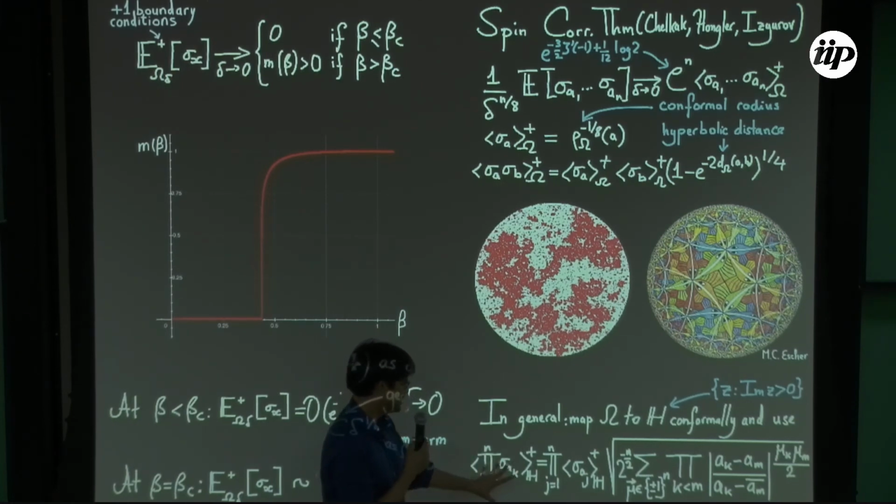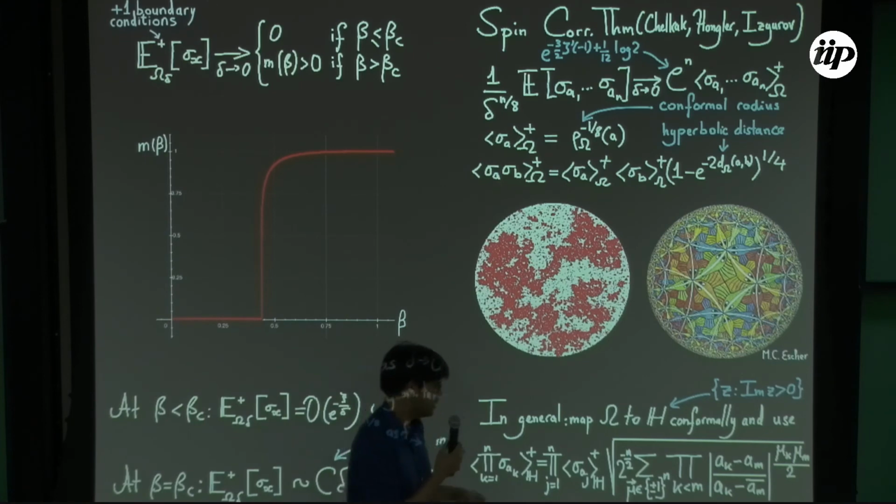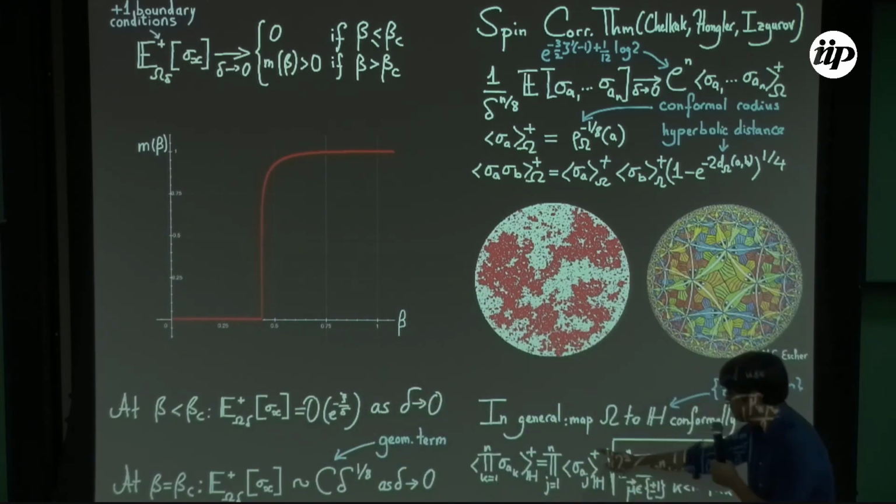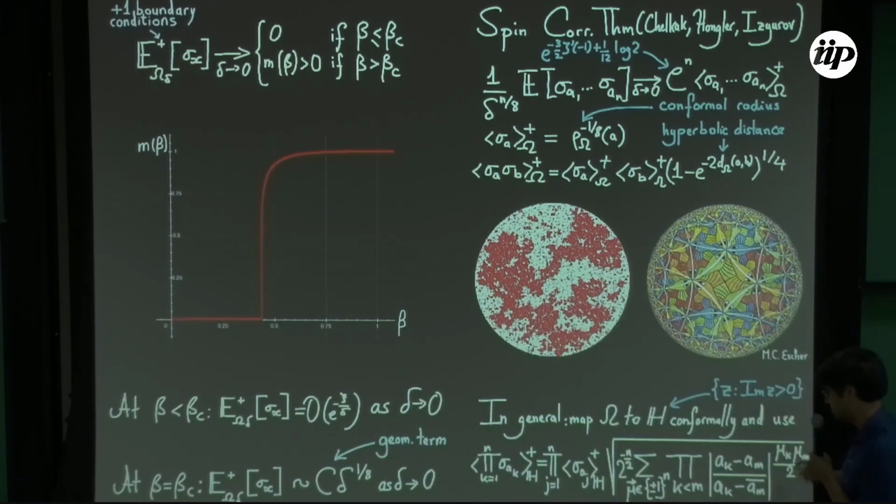But I just put it here so we get a sense that it's a fairly non-trivial, non-Gaussian, for sure, correlation. It's also fairly explicit. The a_k are points in the half plane, and you get the product of the one-point functions times this interaction term, which is made of distances between the points and their mirror images.